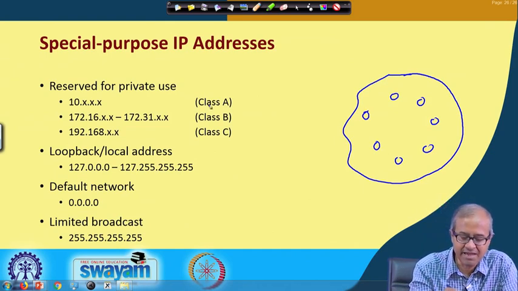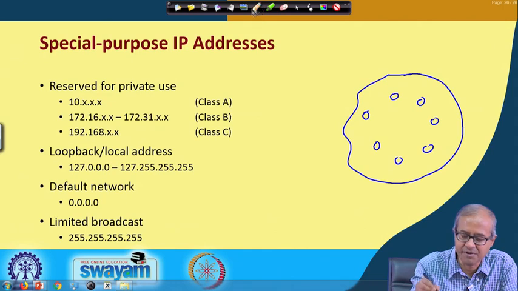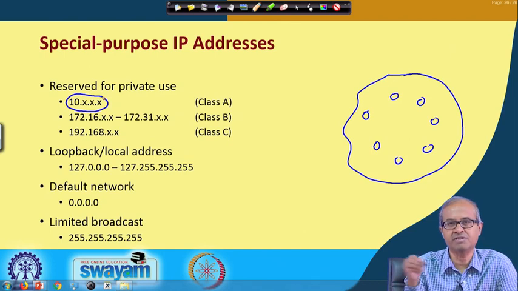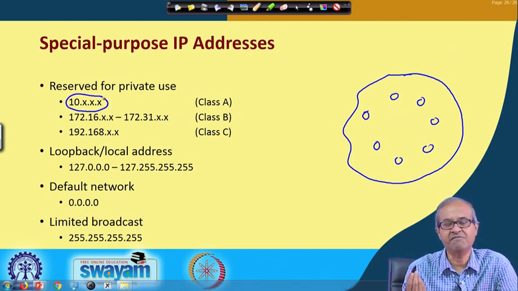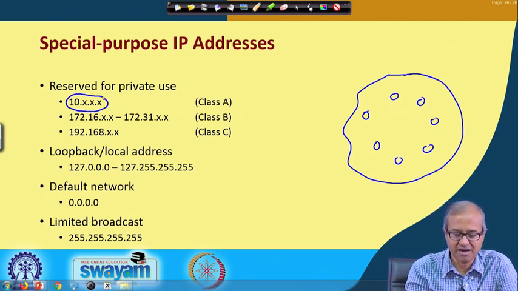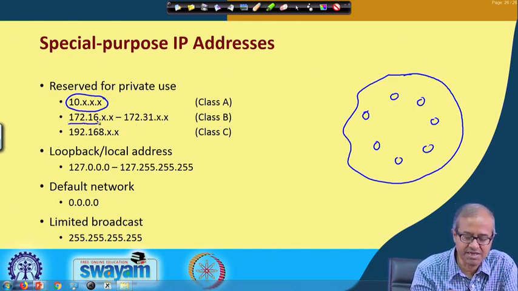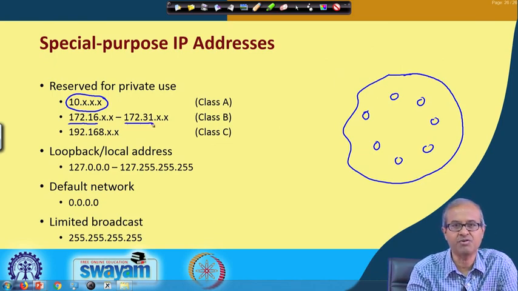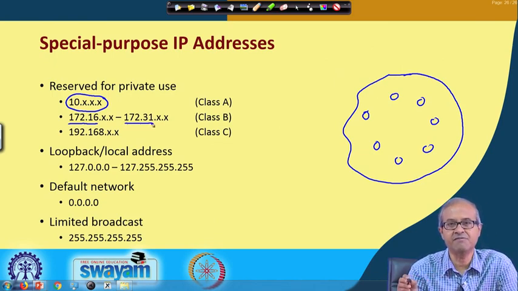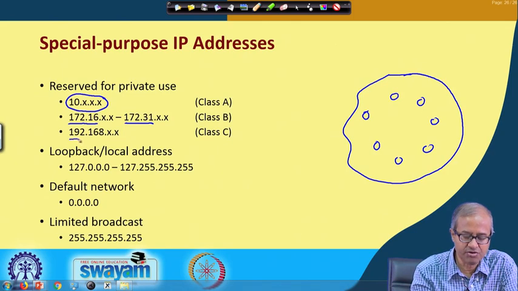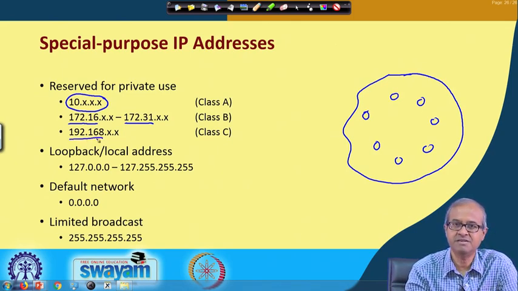Like for class A, this is identified as a private address. Any address that starts with 10 dot something is a private class A IP address. For class B, there are actually 16: 172.16 to 172.31. There are 16 such private class B networks. Similarly, for class C, 192.168 is a private class C network.